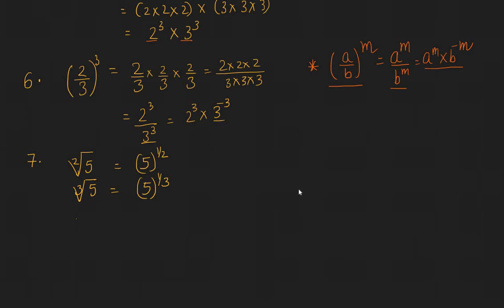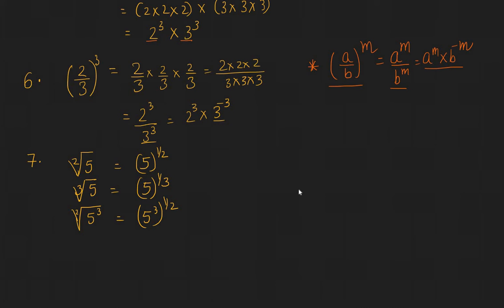If you get the square root of 5 cube, we can write it as 5 cube power half.